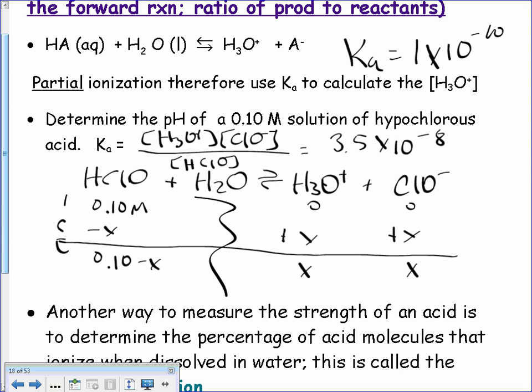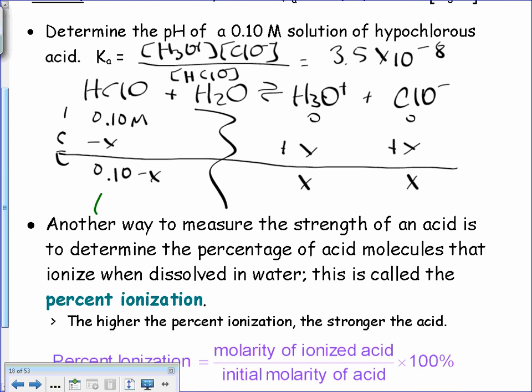Yes. Let's try. So in this equilibrium, you're going to plug it into Ka and solve. Now I'm setting up the ICE box all the way. If you want to minimize it and just put, you know what's going to happen, 0.1 minus X, X, instead of setting up the entire box, that's totally fine. So I'm going to plug in X squared over 0.1 minus X is equal to Ka.